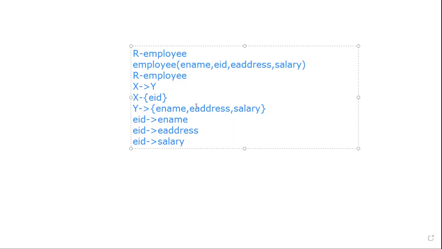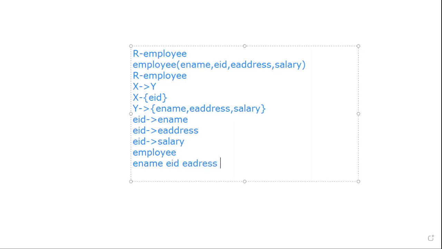So we should identify which attribute determines all the other attributes. Suppose we consider the employee table, in which we have e-name, EID, e-address, salary. Suppose we consider John.